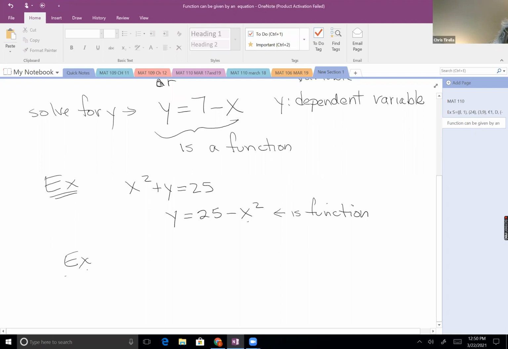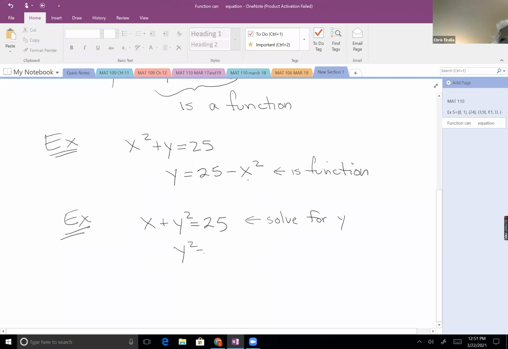Next example, I'm going to switch that one up a little bit. I'm going to say that x plus y squared equals 25. Now this time, when I solve for y, I get y squared is equal to 25 minus x. Then to fully solve for y, I take the square root of both sides, remembering that every expression has two roots, a positive and a negative.